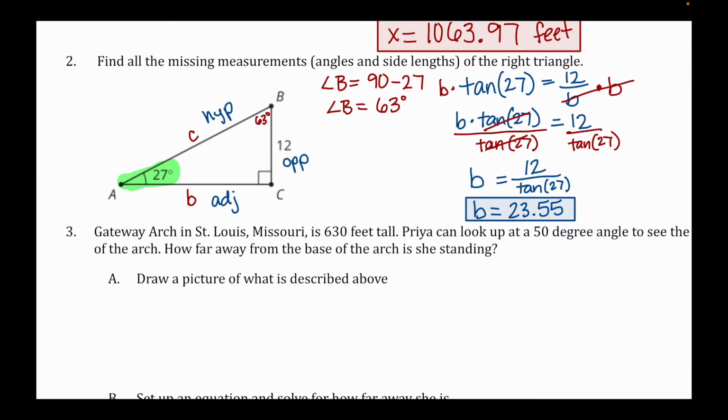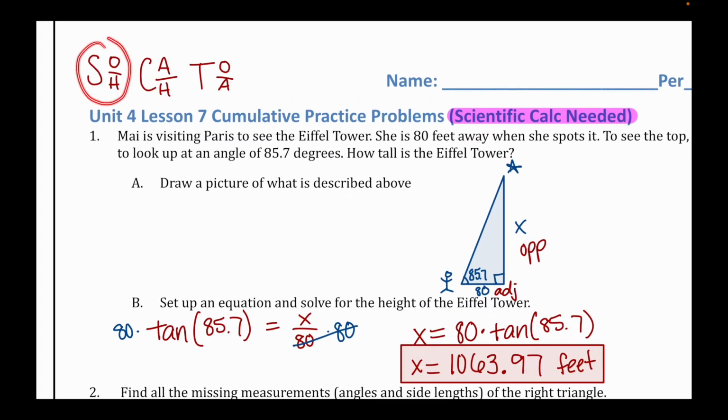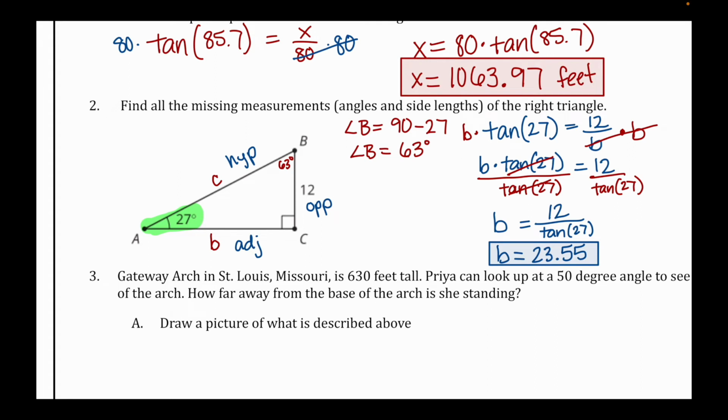So I'm going to use the whole number here and use sine, which would give me opposite and hypotenuse because sine is SOH. So opposite over hypotenuse. Let's say sine of 27 is 12 over C. Multiply both sides by C.